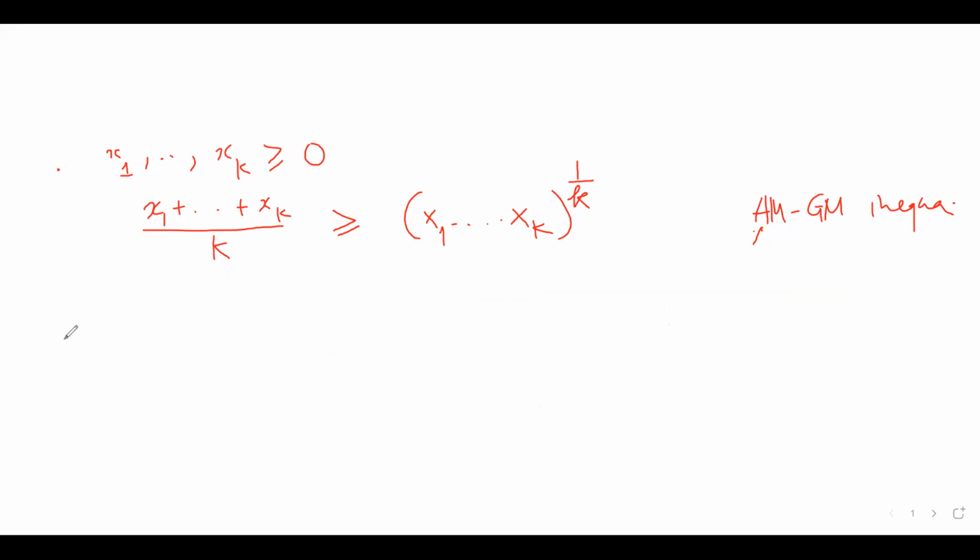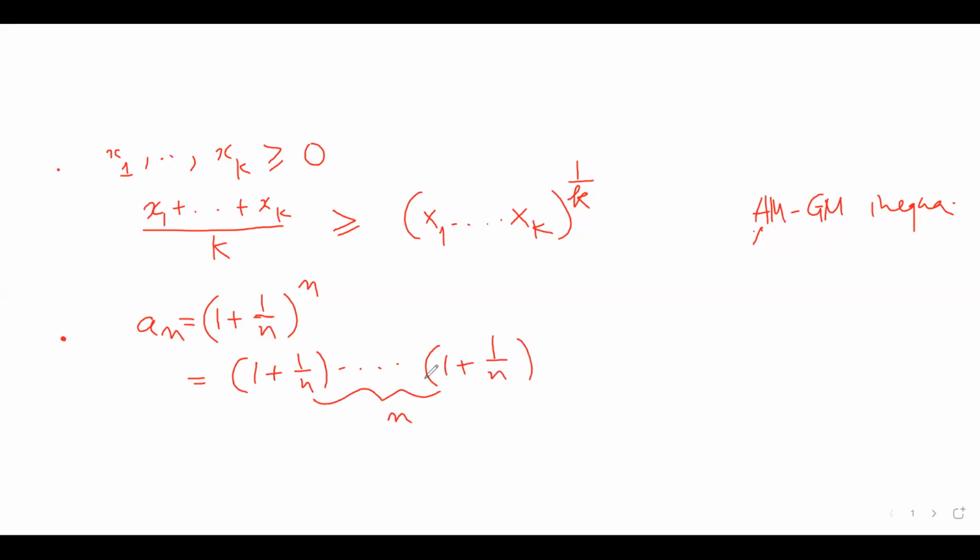So if you go back to our definitions, you can think of this as the product of n numbers, so this is n numbers, right?